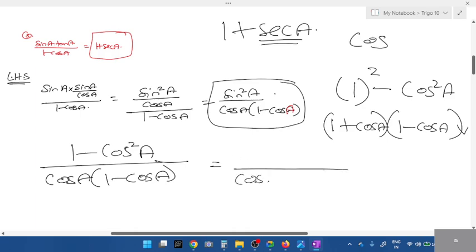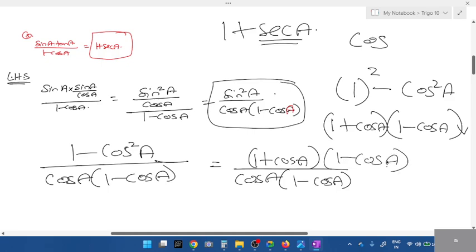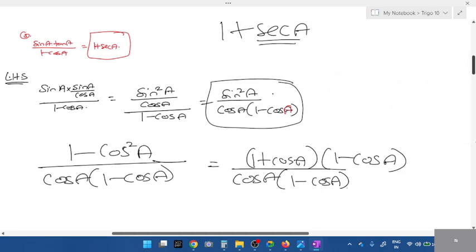So cos A remains as it is, 1 minus cos A. 1 plus cos A divided by, what's the other one? 1 minus cos A. Which value gets cancelled? Cos A. What is left? 1 plus cos A divided by cos A.